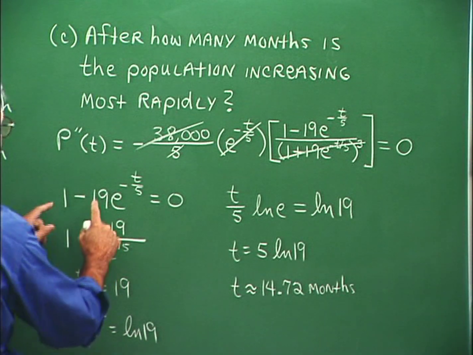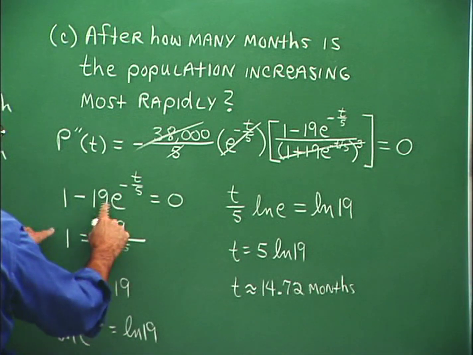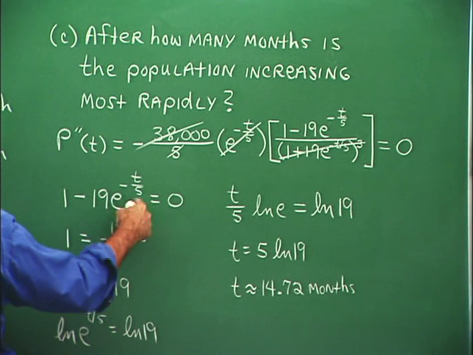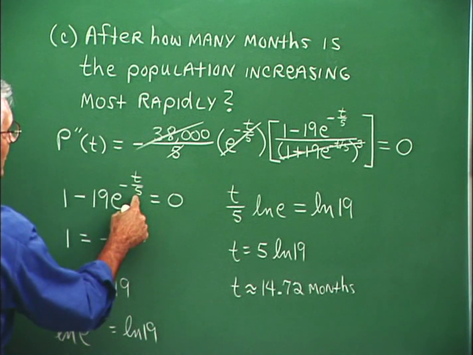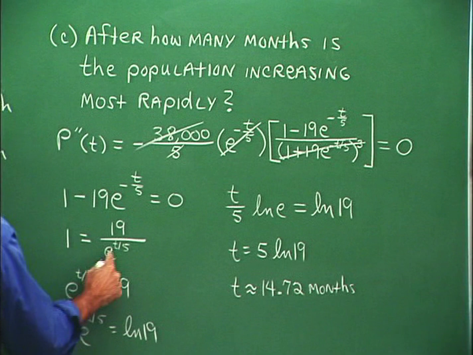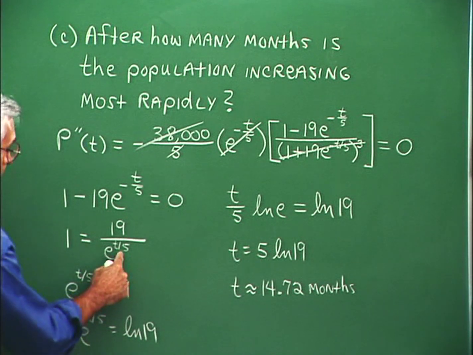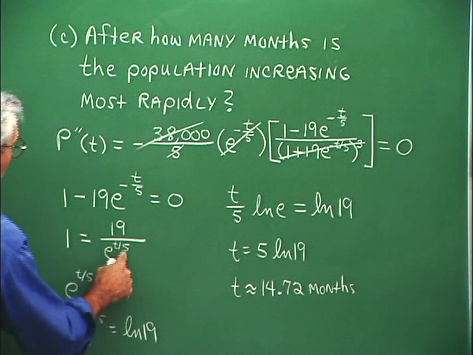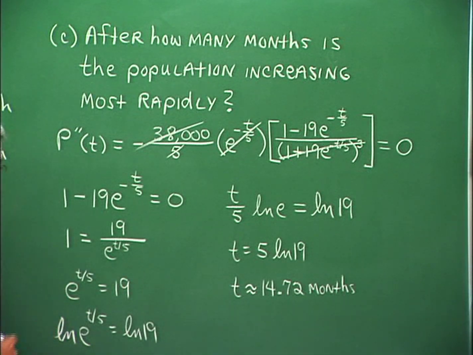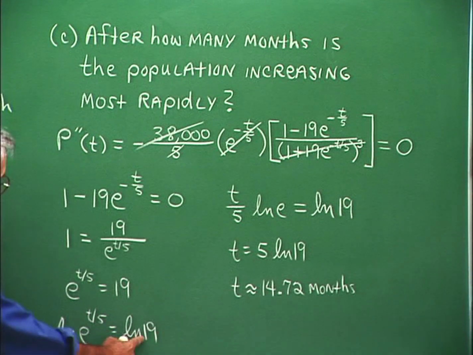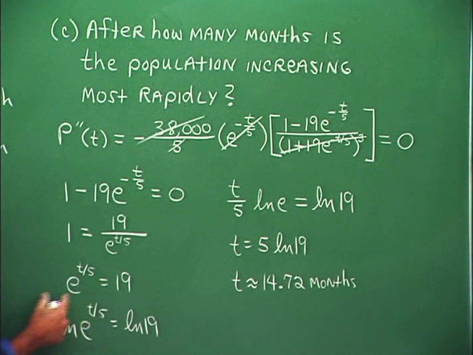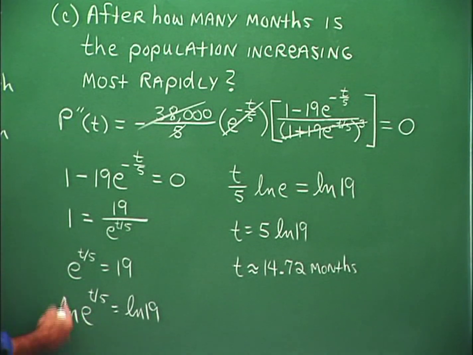Now I can separate these two. I'll add the 19e to the negative t over 5 on both sides and get this. Now the e to the negative t over 5 is 1 over e to the t over 5. Multiplying by that on both sides, it's beginning to clean up rather nicely, isn't it? I have e to the t over 5 equals 19. Take the natural log on both sides, and this t over 5 becomes the coefficient of ln e, which is 1.